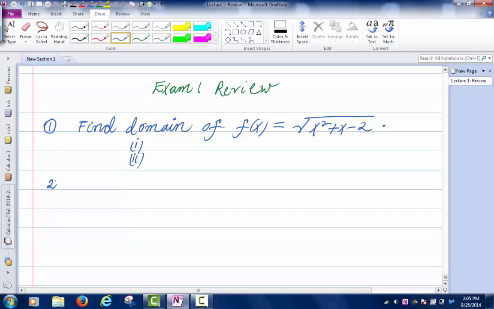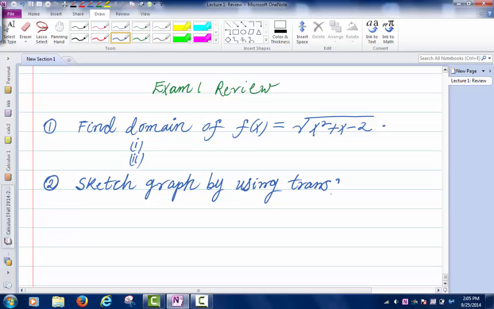And two, sketch the graph by using transformations. So basically I'm going to give you a function.